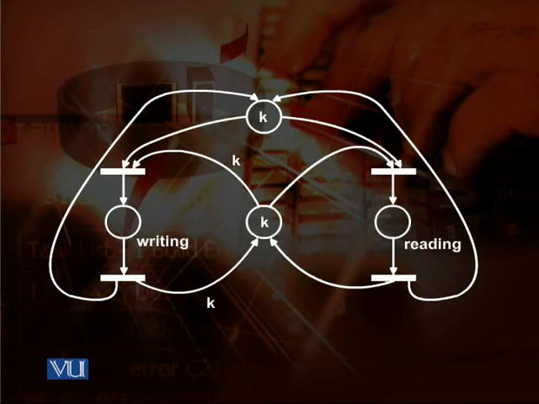So when a writer is writing, since all the tokens have been taken from the middle place, no new reader or writer can come into the system. So you saw in this particular example that we have handled the readers and writers, but in this case, writers do not have any preference over readers.